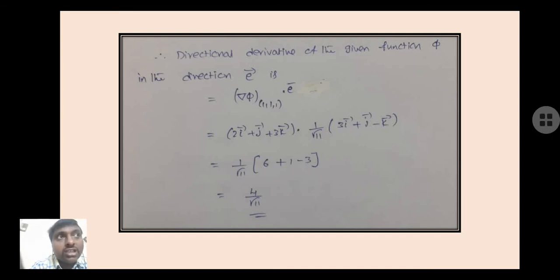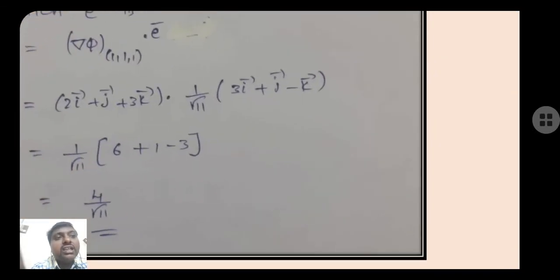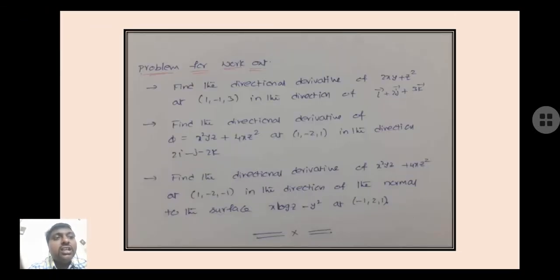In the third example, I can find the directional derivative of a given surface at a particular point in the direction of normal to another surface at a given particular point. So this is the way we can calculate the directional derivatives.